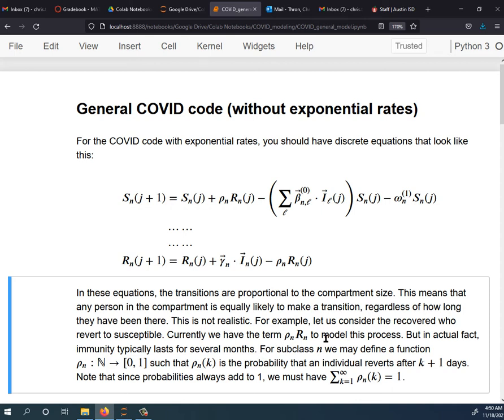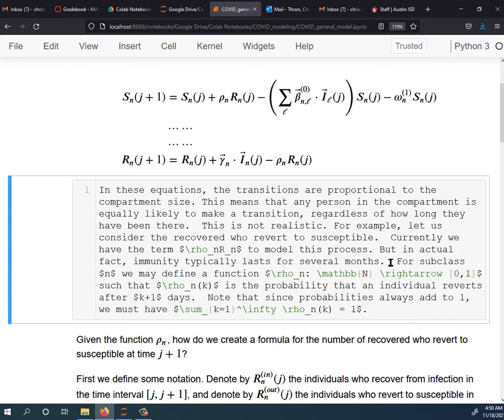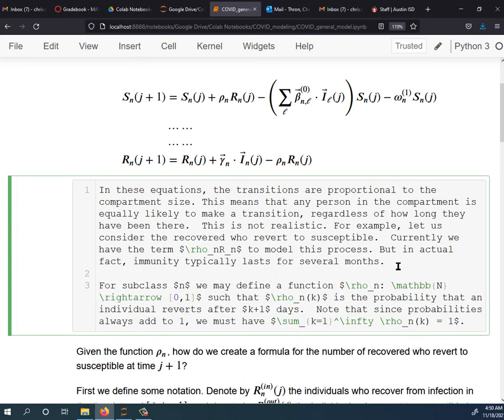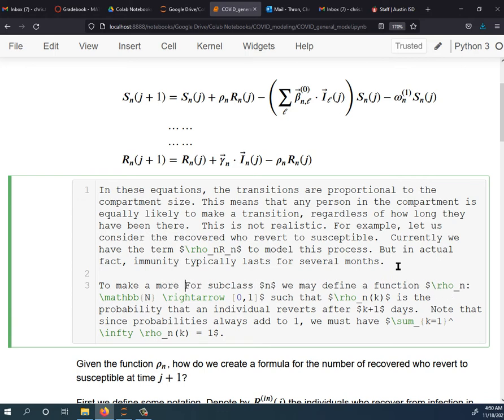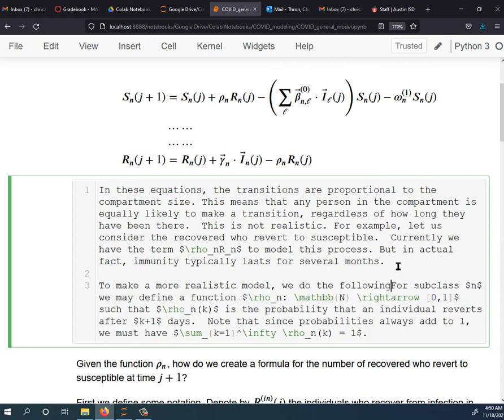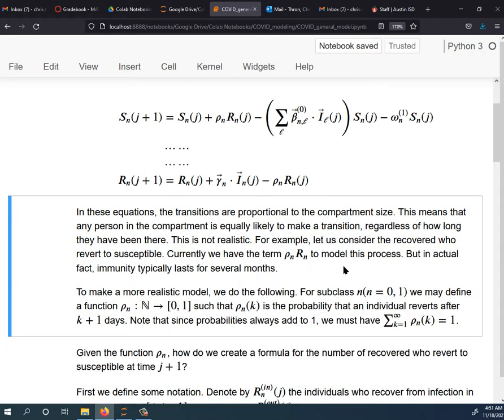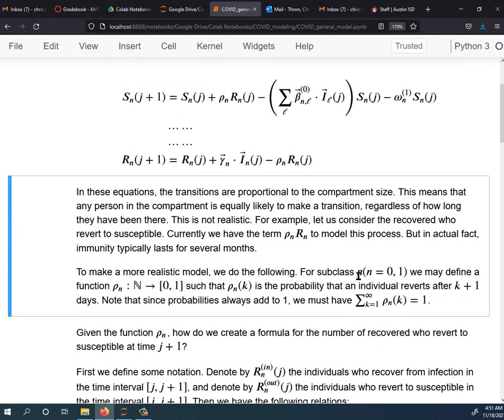So we're going to make a better model. To make a more realistic model, we can do the following. For subclass n, where n is 0 and 1, we may define a function rho n.